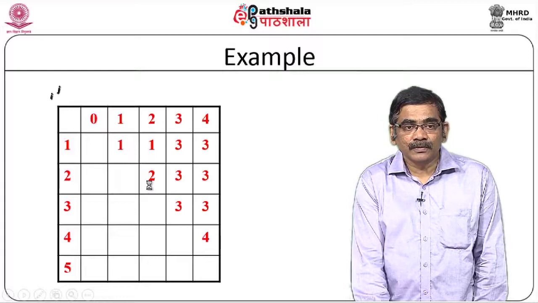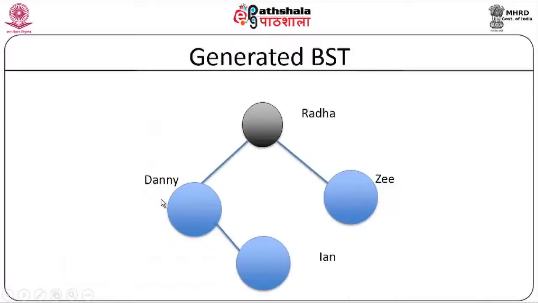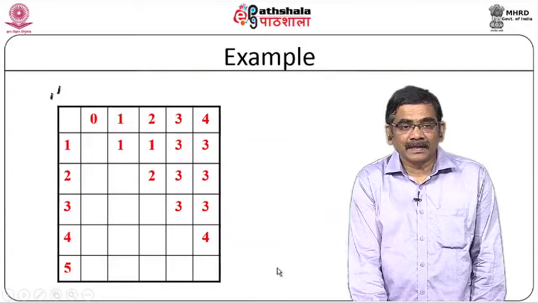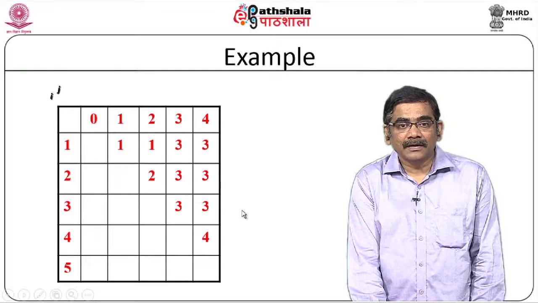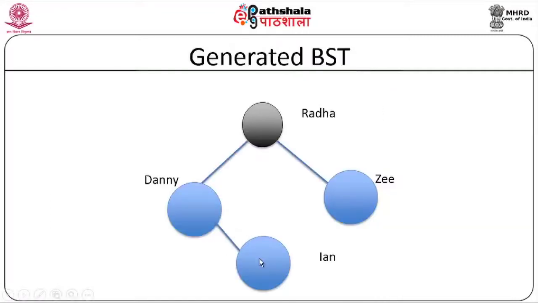So, A 2 is going to be the root node, and from this particular table we can find the corresponding entries, using which we can find the right child for these. In other words, this is what the generated BST is going to look like. So, from the minimum k we can easily construct how the binary tree has to be constructed.